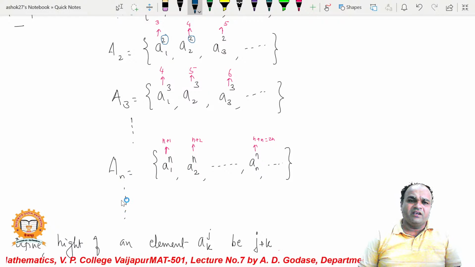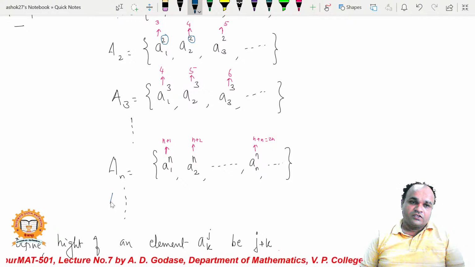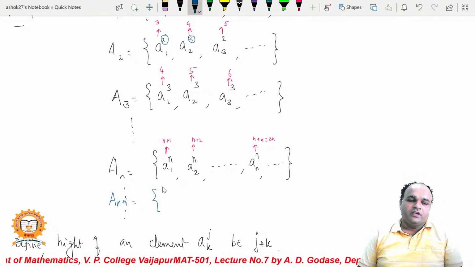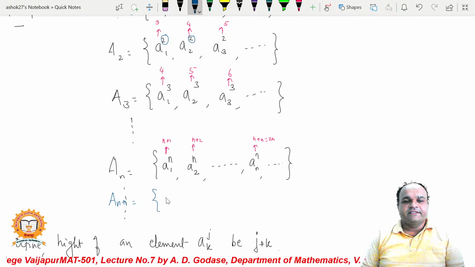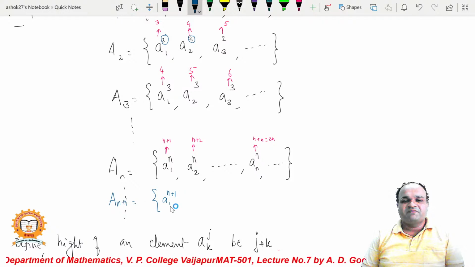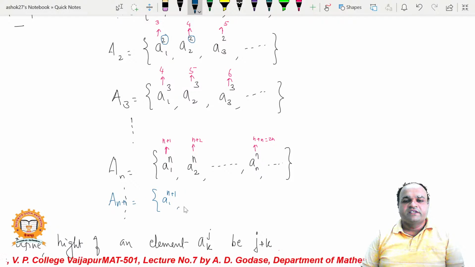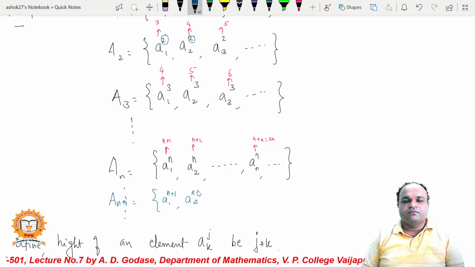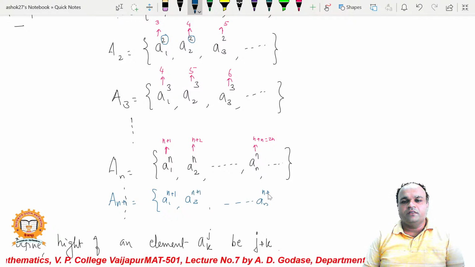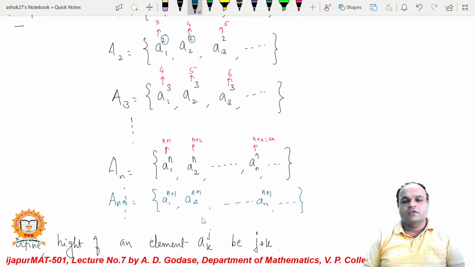So similarly you can write the remaining. So what will be A(n+1)? Elements of A(n+1) will be like this: a_1^(n+1), the first element of A(n+1). Similarly a_2^(n+1) and it goes up to a_m^(n+1) and likewise.